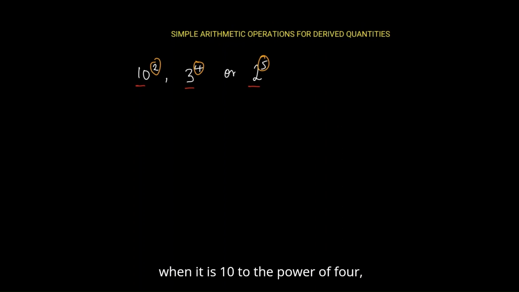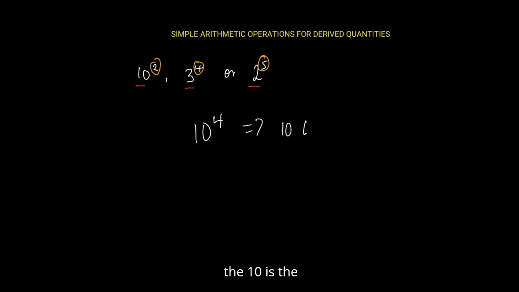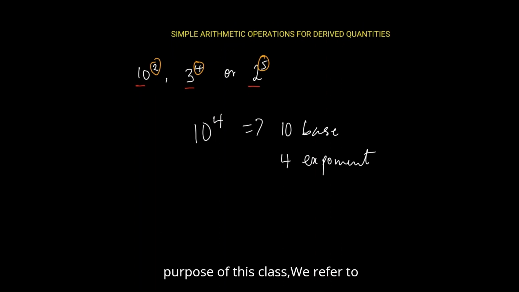So we can say when it is 10 to the power of 4, the 10 is the base and 4 is the exponent. For the purpose of this class, we will refer to 2, 4, and 5 as exponents.